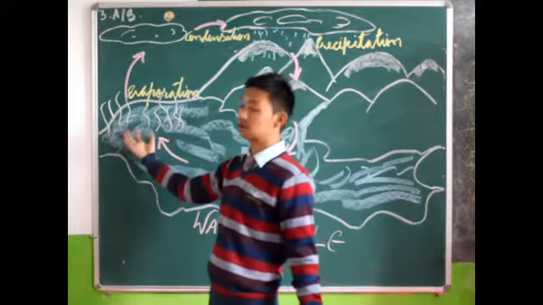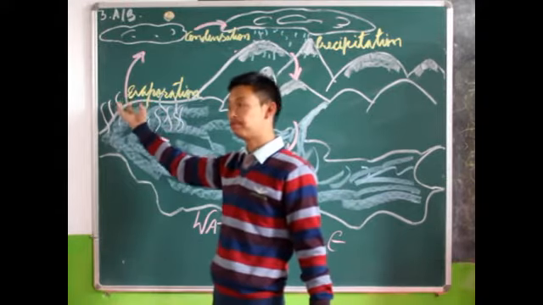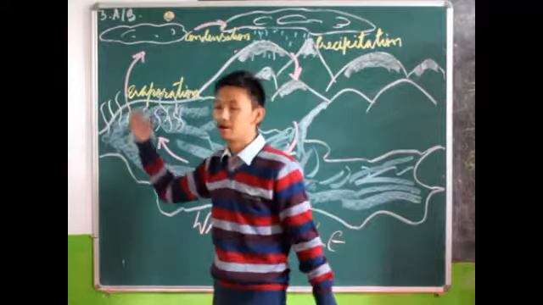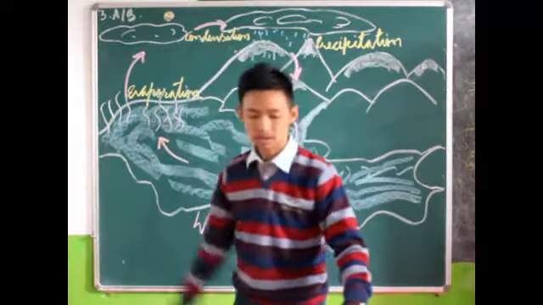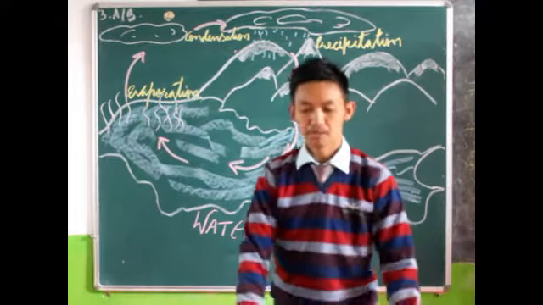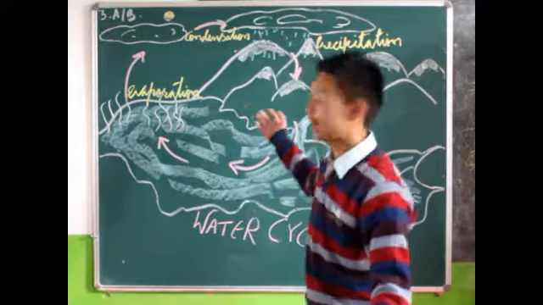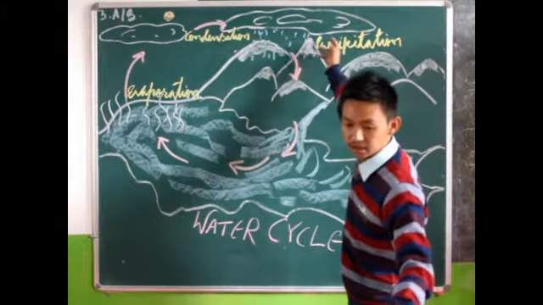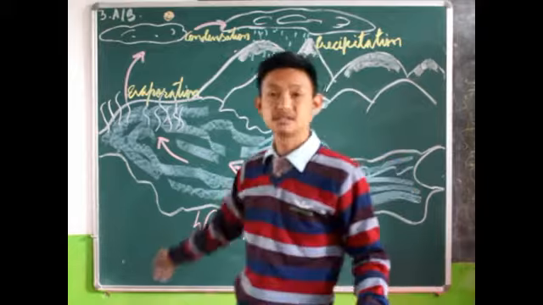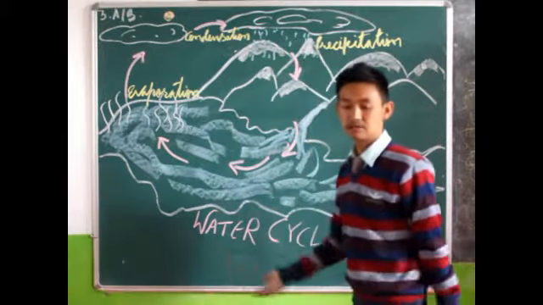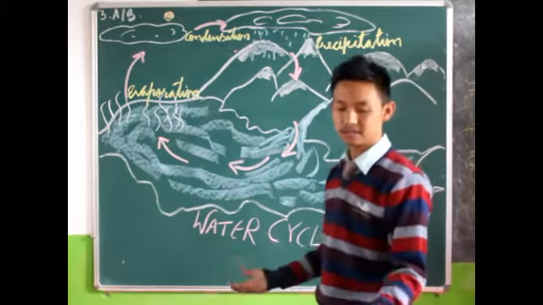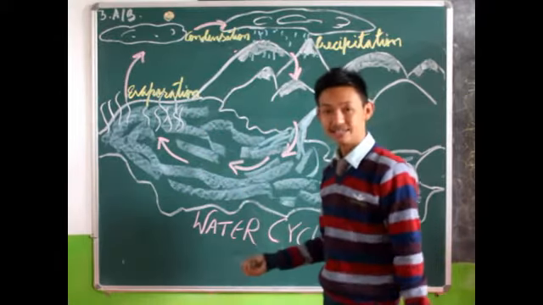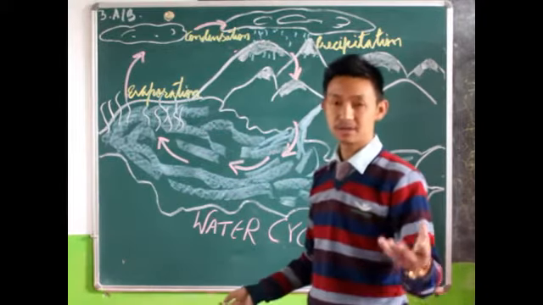Then not only the water vapor will be there, other harmful gases may combine with the water vapor. So when it falls on the earth as rain during precipitation, all the dust particles, germs and other substances in the surroundings mix with the rain.